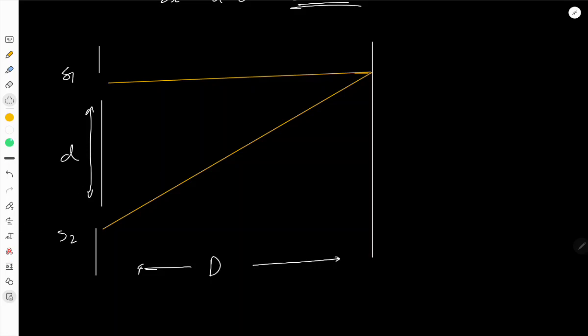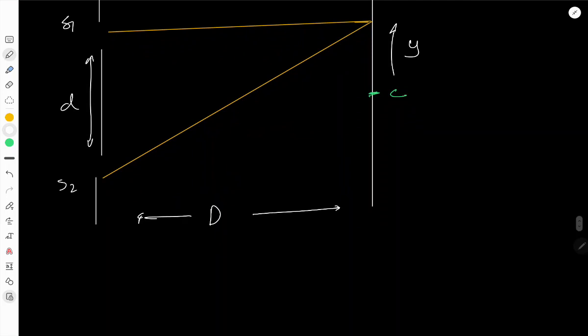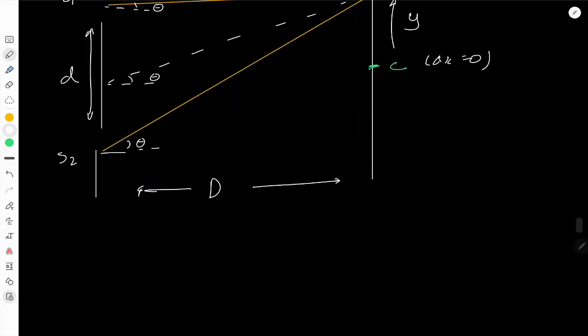Okay, so let us assume this C to be over here and the distance between these two is y. So now let us apply theta. This is also theta and this is also theta. So now this is the point where delta x is 0.